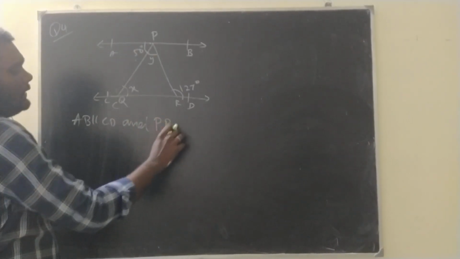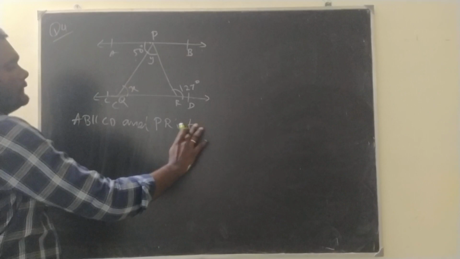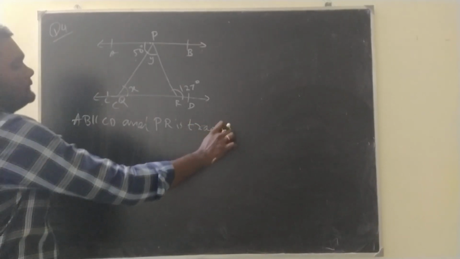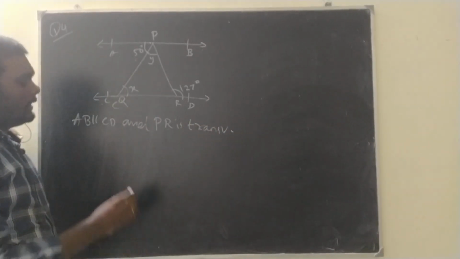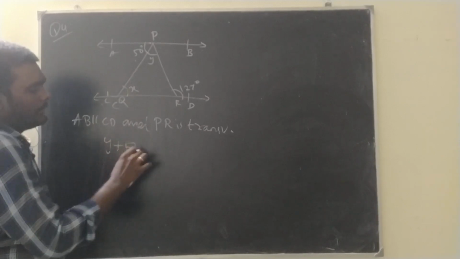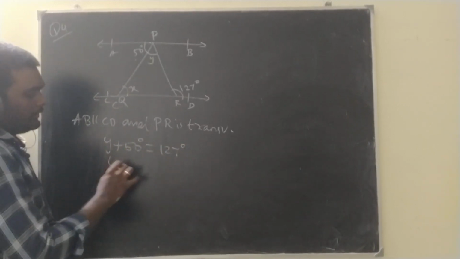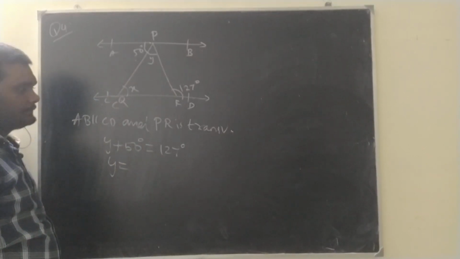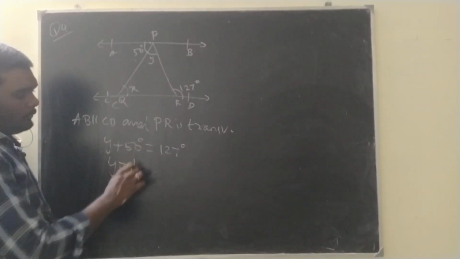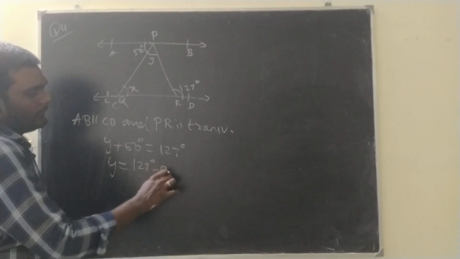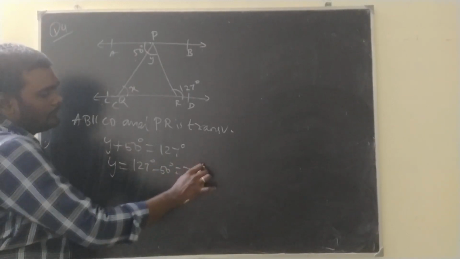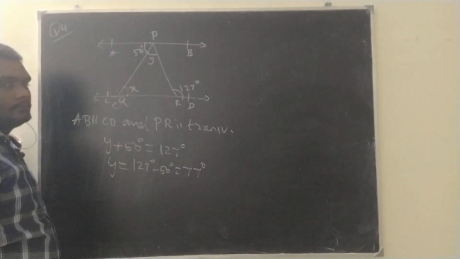Then we have this y plus 50 degrees equals 127. That will give us y equals 127 minus 50 degrees, which is 77 degrees.